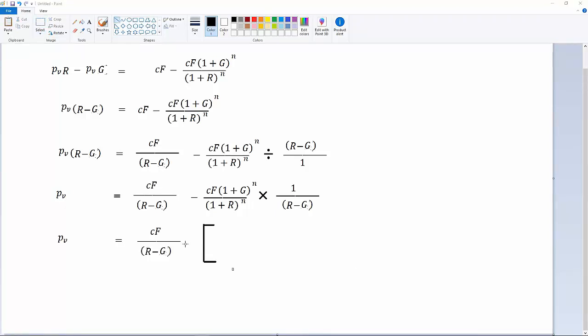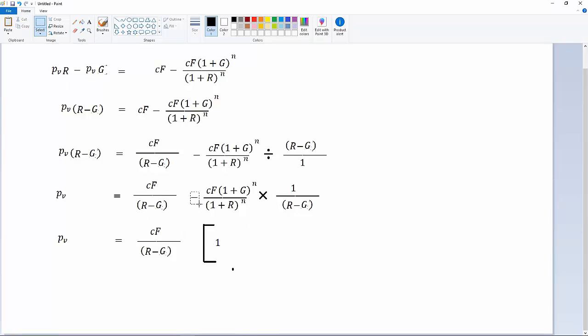We took it out of this side, but in order to get that number, this number here would have to be 1, because if we didn't have it, then we wouldn't have anything before the negative. So this 1 represents CF divided by R minus G times 1 equals this number right here.